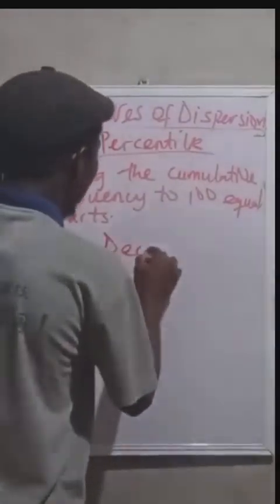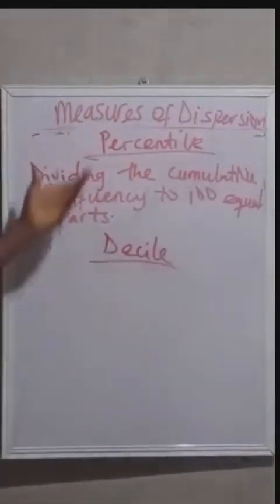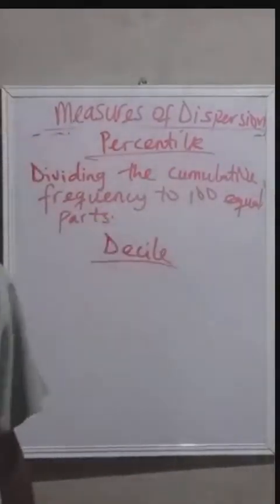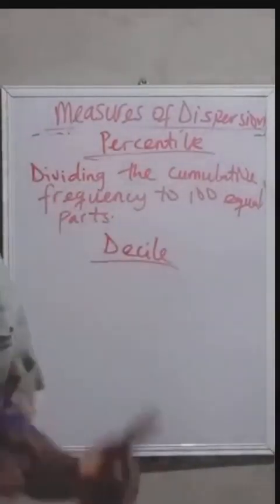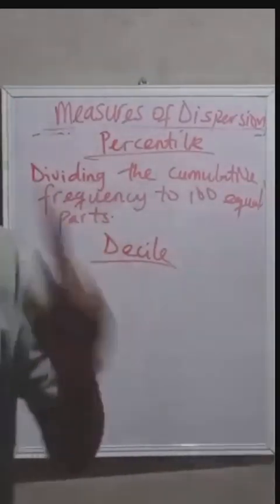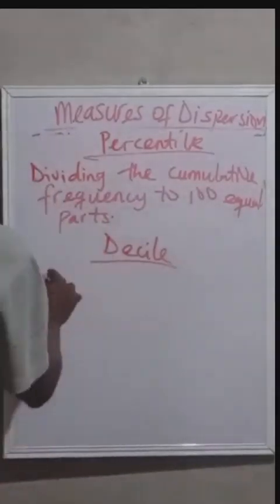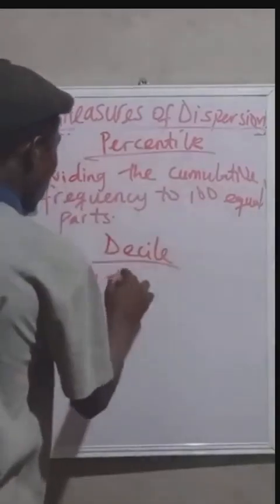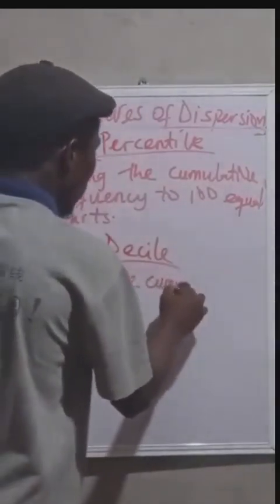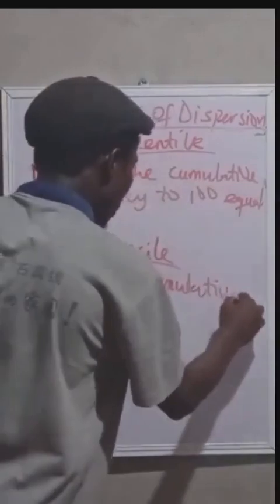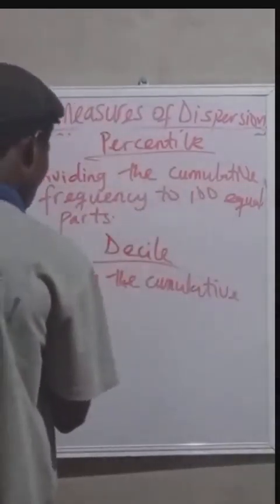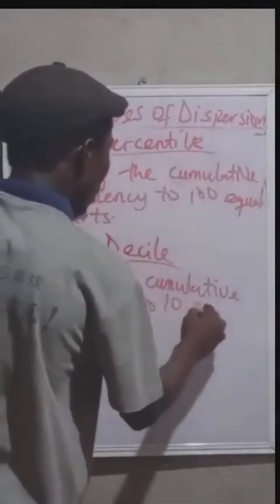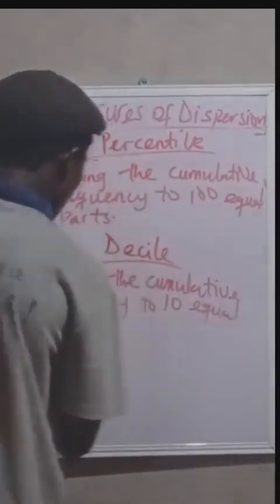This decile side is still the same thing. It is dividing the cumulative frequency into 10 equal parts, while percentile is into 100 equal parts.